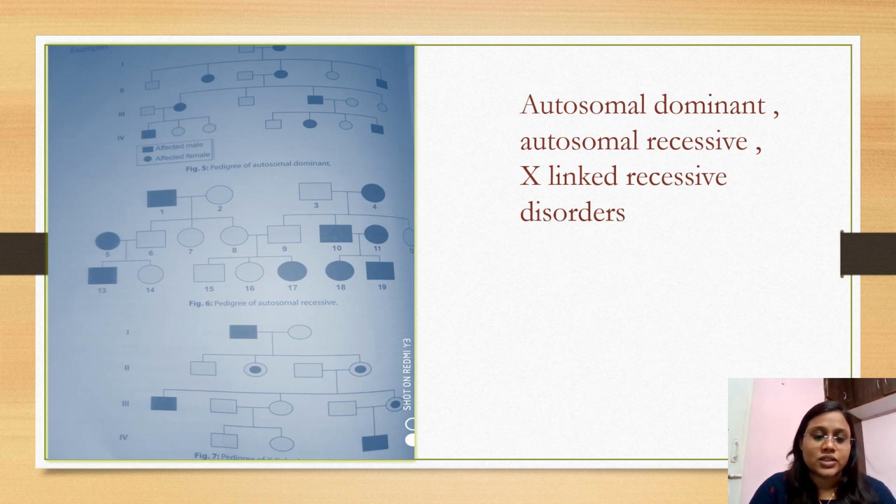Now X-linked recessive disorder. In this the female is a carrier. The carrier female is transmitting the disease to sons and daughters are carriers. The male is affected and he is transmitting the disease to females, but the females are carriers of the disease. This is X-linked recessive disorder.